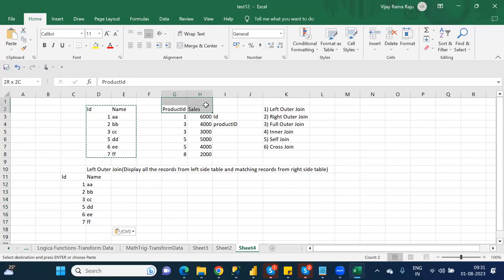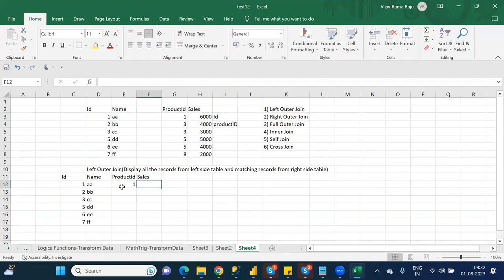Suppose, for example, one is matching. You have to check only matching records from these two common columns, ID and product ID. Is there any value matching? One is matching. Yes, I'm displaying one here.